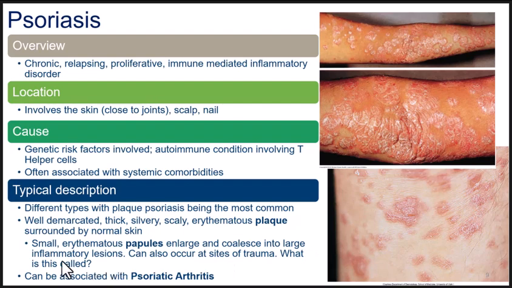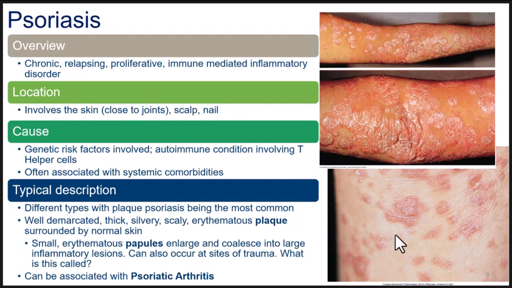So this condition will start off with small red papules. Now remember that a papule is an elevated lesion that is less than a centimeter or 10 millimeters in diameter. But they can start to enlarge enough that they coalesce with other papules, forming larger inflammatory lesions that we call plaques.